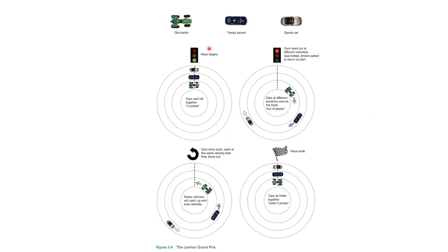We can take the analogy of this picture, where on a circular track we have a tractor, a normal car, and a sports car. When we apply a 90-degree RF pulse, all three start to move along the circular track. The sports car, being the fastest, will move the farthest distance. Then comes the normal car, and the tractor will be the slowest.